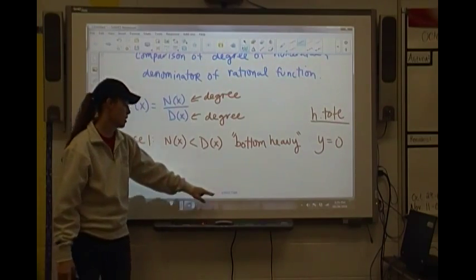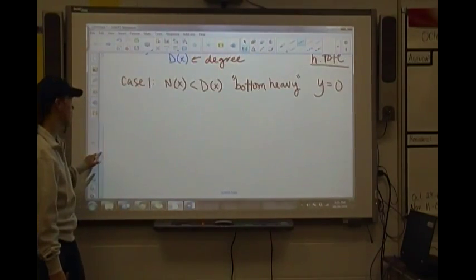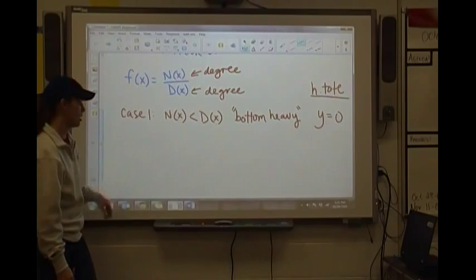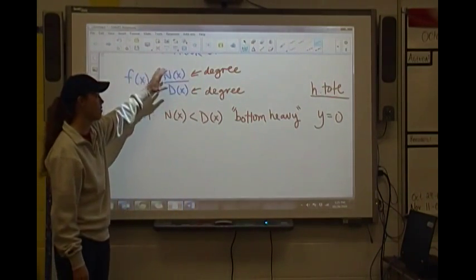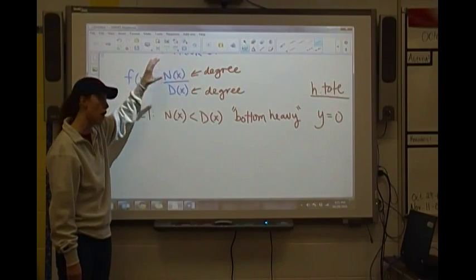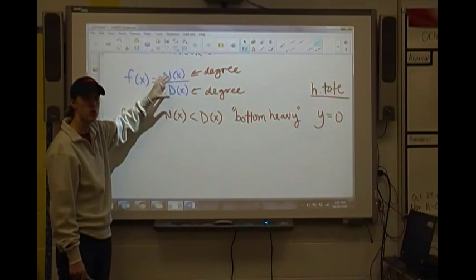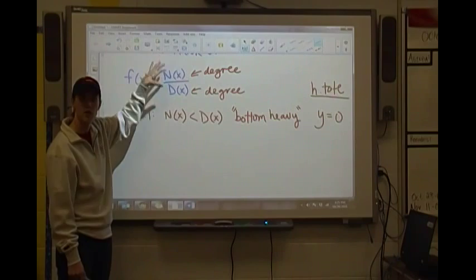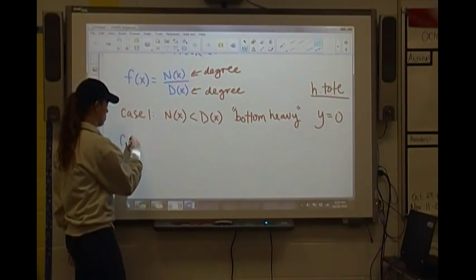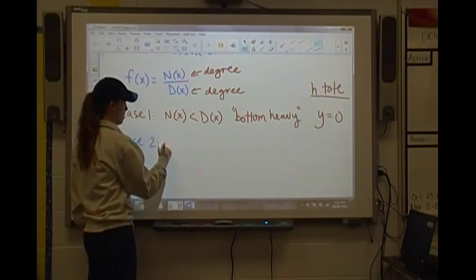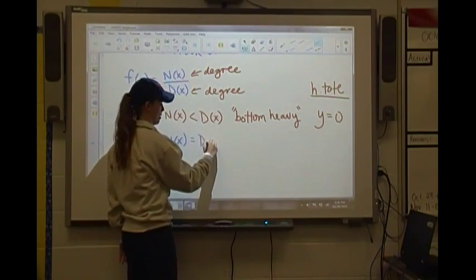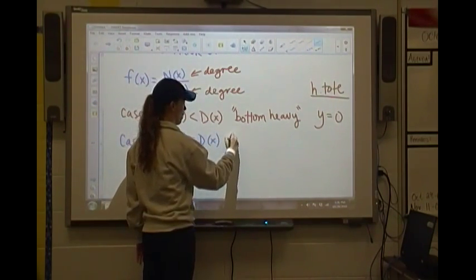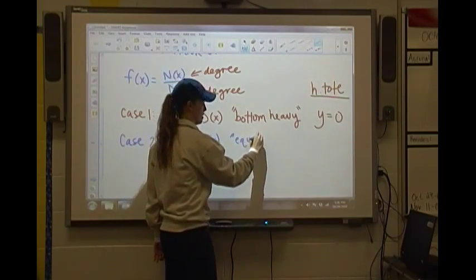Case 2 that we could possibly have is that they're the same. We could have the degree of the numerator and the denominator be the same. For example, a numerator with a degree of 1 and a denominator with a degree of 2 would be bottom heavy. Let's say they both have a degree of 1. So that's case 2, where the numerator's degree is equal to the denominator's degree, and we'll call that equal heavy. Really innovative with these names here.